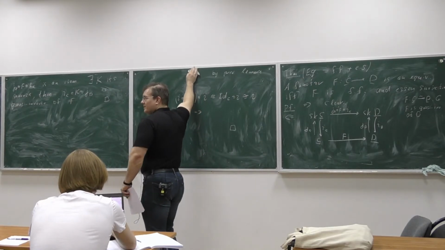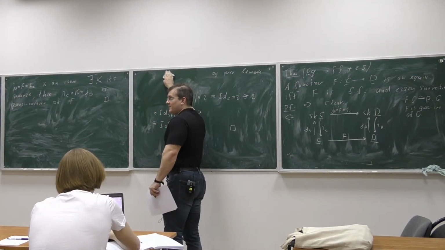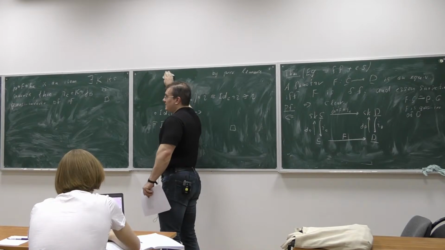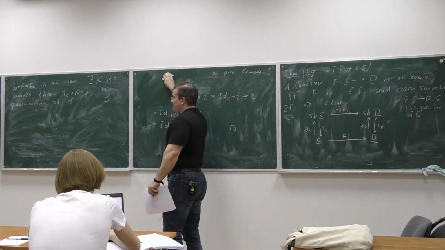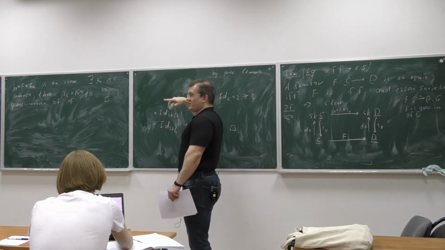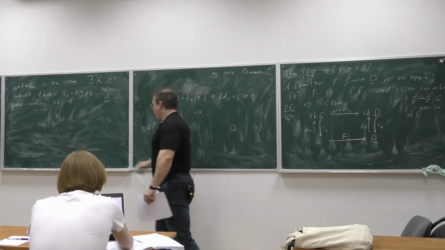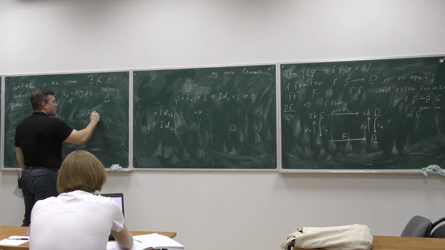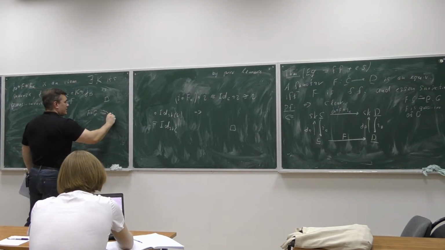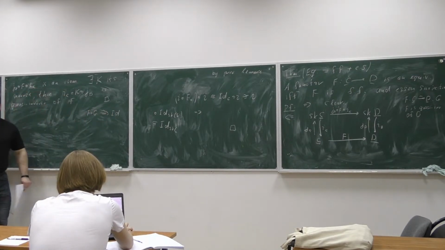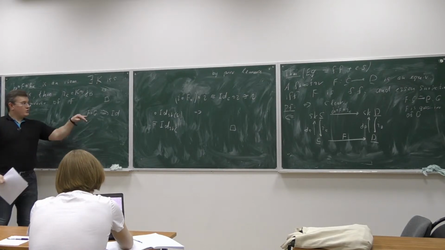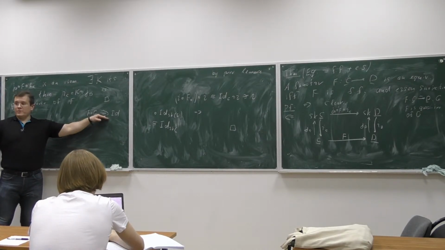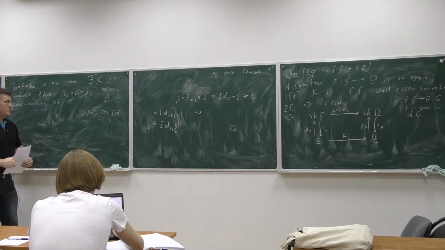Wait, why in skeletal categories is equivalence an isomorphism? Oh, because there are no isomorphisms that are not just equalities. If you write something like FG identity, it means that when you plug in an object here and here, you get an isomorphism, but that's just an equality. Because in this skeleton, there is no isomorphism of the other type.